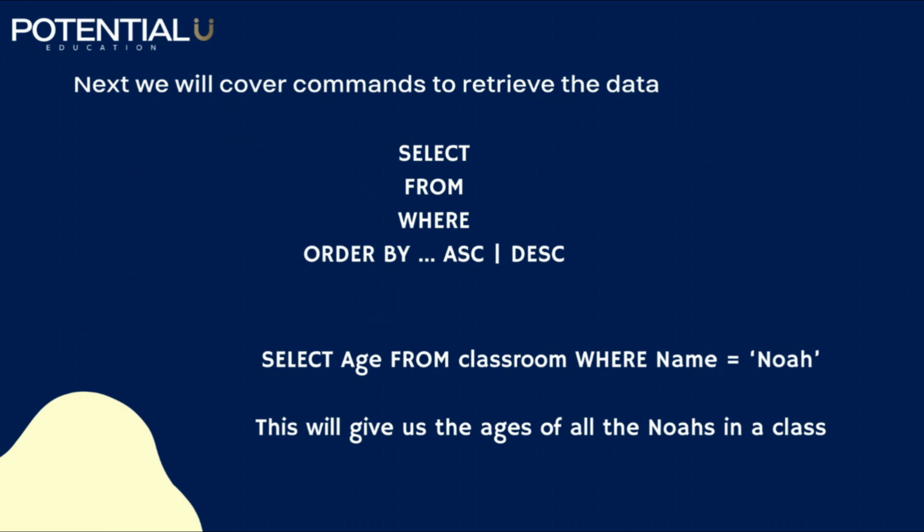So select, from, where, order by, ASC and DESC, which is ascending and descending. So select age from classroom where name equals Noah or something. And this will give us the ages of all of the Noahs that are in class.